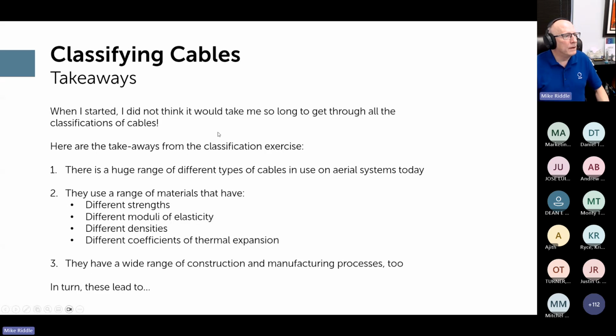the point is there's a huge range of different types of cables that are used in aerial systems today. And these cables have materials that have different strengths, different moduli of elasticity, different densities, and different coefficients of thermal expansion. Plus, there's a wide range of construction, the different stranding configurations, for example, and the manufacturing processes vary amongst all of these.